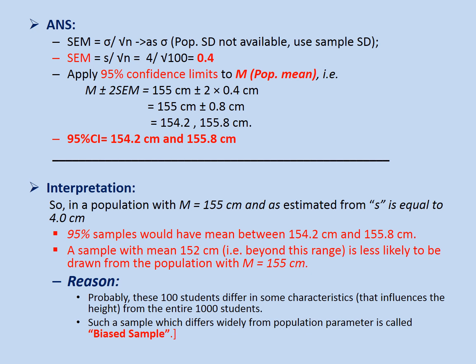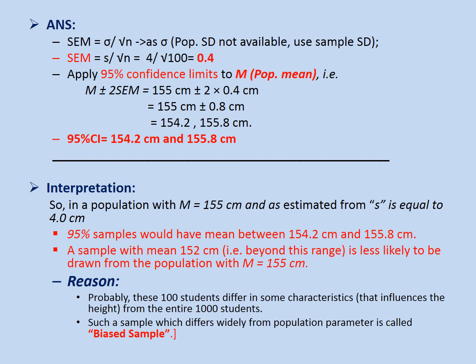Now we have to see what is a common observation and what is an uncommon observation. How can we do that? As we have seen, population mean plus or minus 2 standard error of mean, whatever range we get, if our mean is falling between that range, that is called a common observation, and if it is falling outside that range, either on the positive side or the negative side, that is an uncommon observation.